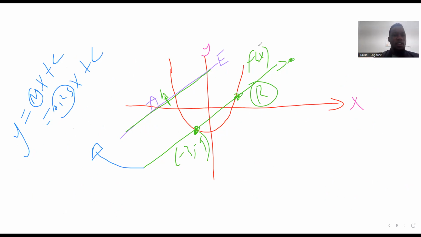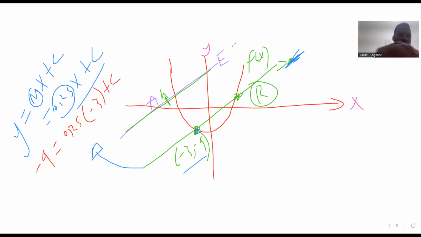Okay, then we also know one of the points, which is -3 and -9. So if we substitute this point into this equation, we can get the equation of this line here, right? So we're going to get -9 equals 0.25 times x, where x is -3. If we take this to the other side, we have -9 plus 0.75 equals c.